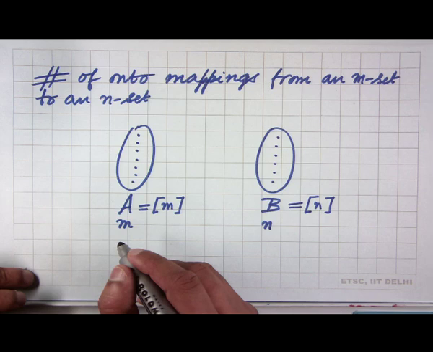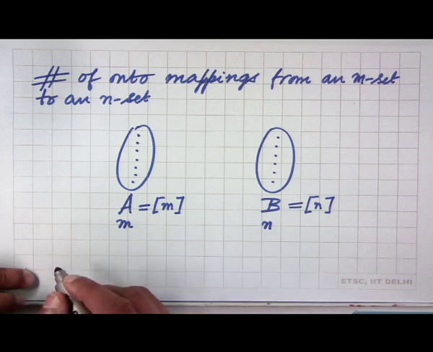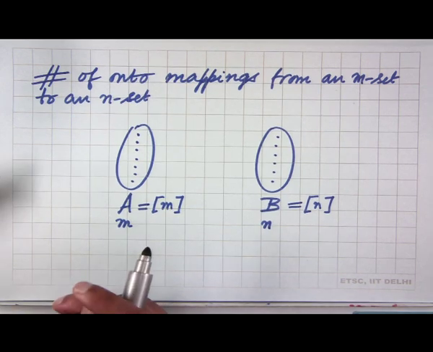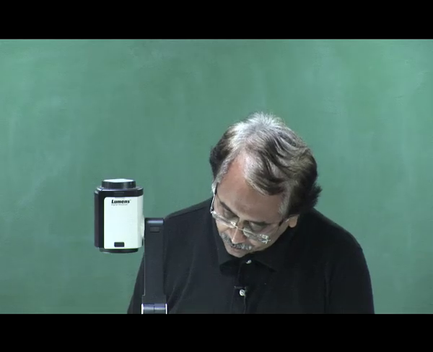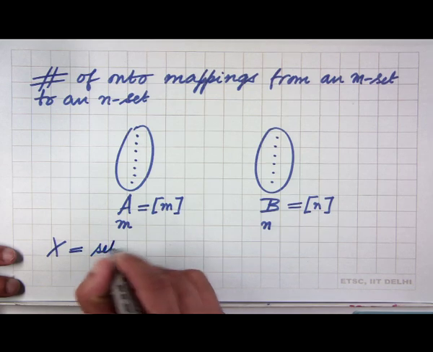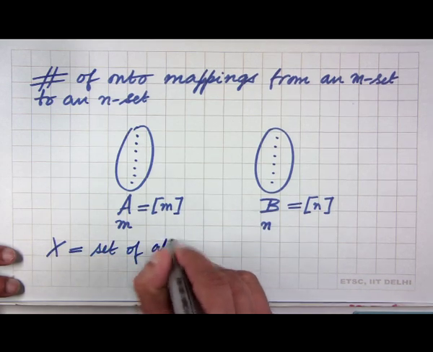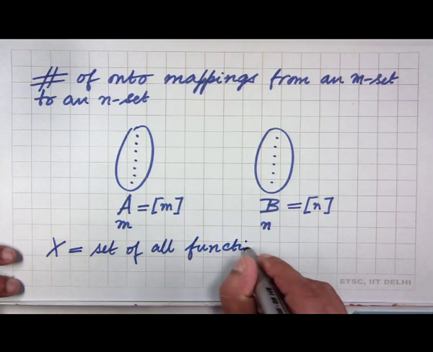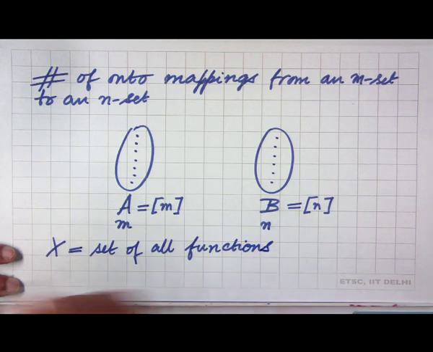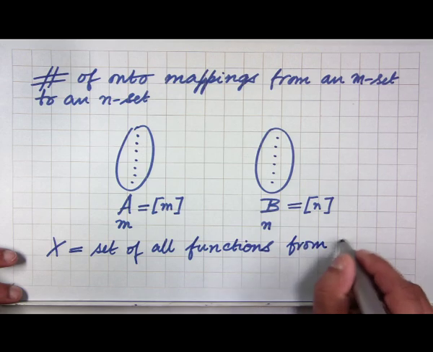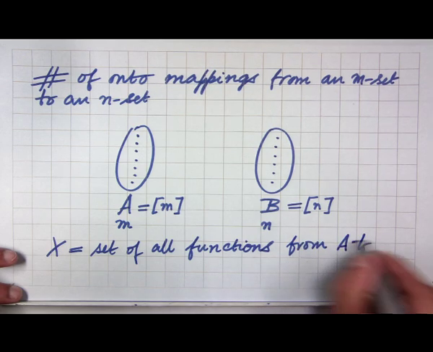So we must first and foremost decide what is X and what are the sets Ai. Well, maybe I can write it right here. For X, I use the set of all functions. I've used the terminology mappings and functions interchangeably. Set of all functions from the set A to the set B.